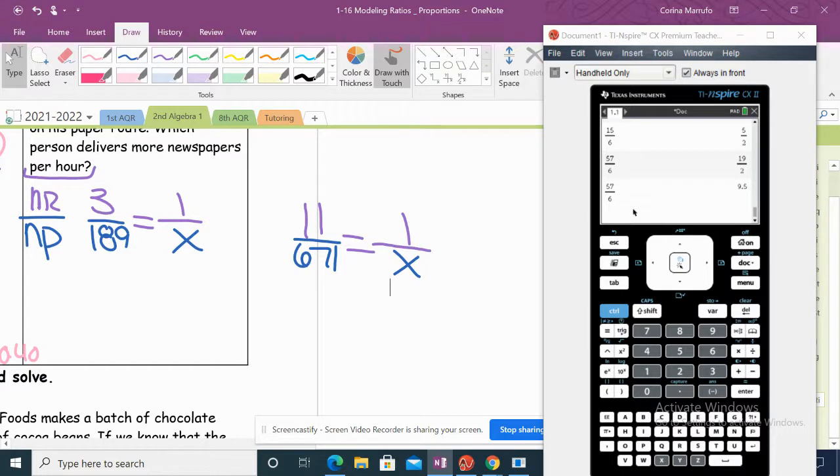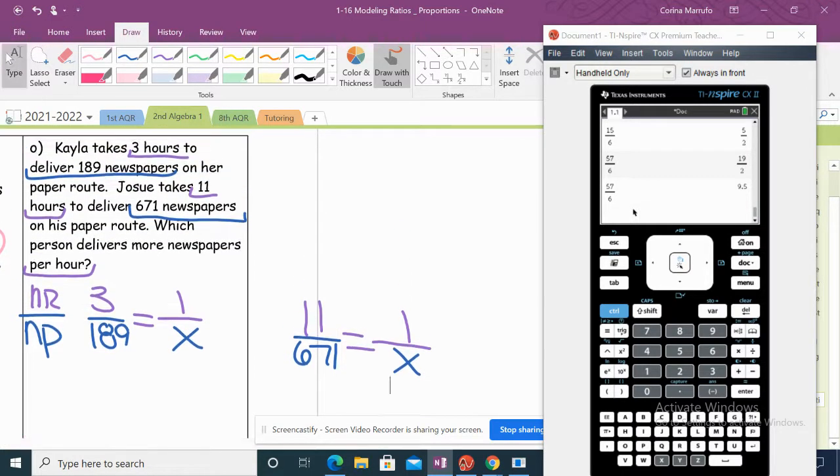Let's do this side of the classroom. You guys solve this proportion. And then that half of the classroom, you guys solve this proportion. I'll give you guys a few minutes. So this is Kayla. And this is Josue. So you guys are solving for Kayla, you guys are solving for Josue.